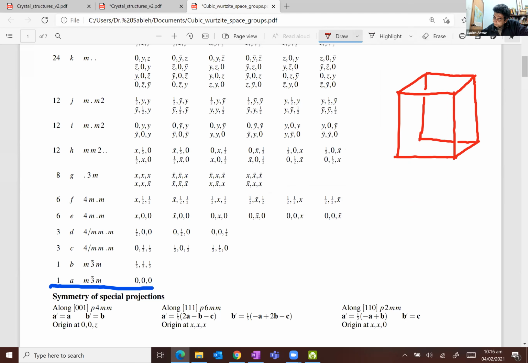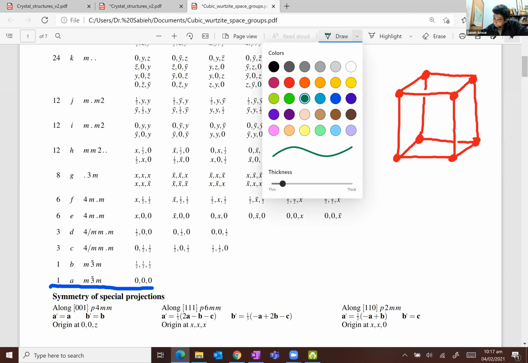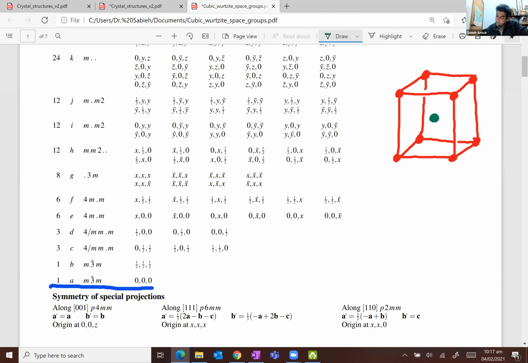There's a 3 or a 3 bar in the second position after this mentioning of the center. So there's a cesium atom here, and a chlorine exactly here. It's not a body-centered structure. It remains a primitive structure. And I'll ask you why can't we say it's a body-centered structure?